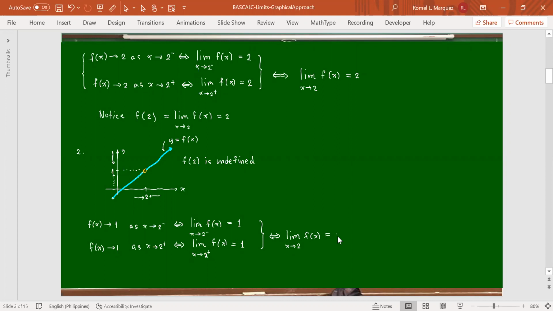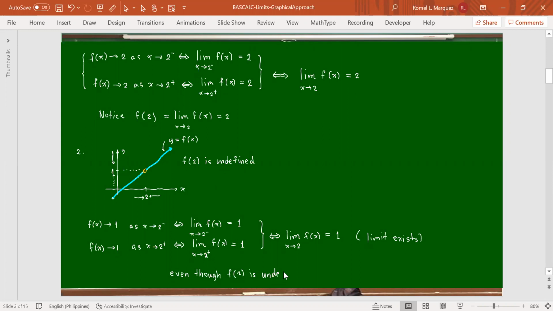Guys, it is equal to 1. So we say that the limit exists, even though the function value is undefined there. Even though f of 2, it's almost time, is undefined.